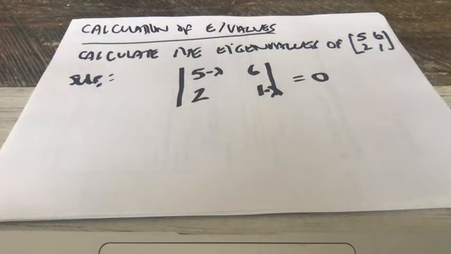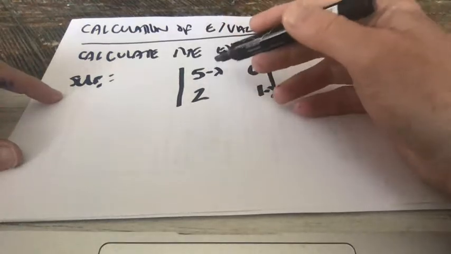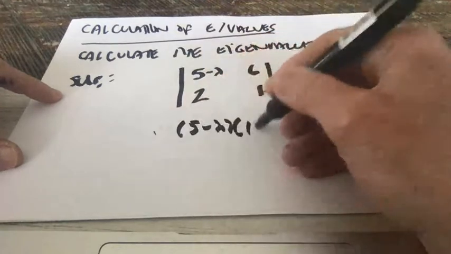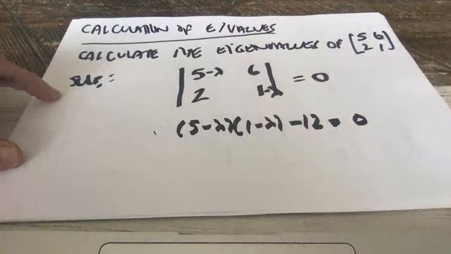You get the determinant of a 2 by 2 matrix, because we've got a 2 by 2 system up here. You subtract lambda from each of the main diagonal elements, leave the 6 and 2 alone, and set it equal to 0. Let's multiply this out. You multiply this by this, so you get (5 minus lambda)(1 minus lambda) minus 12 is equal to 0.